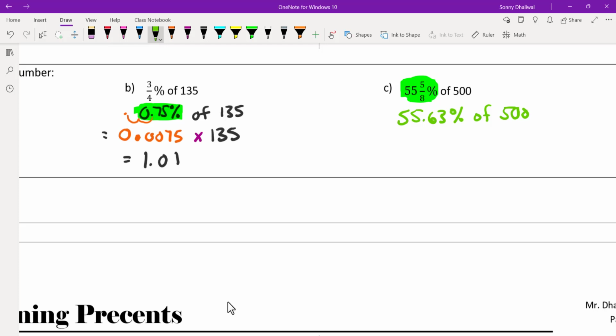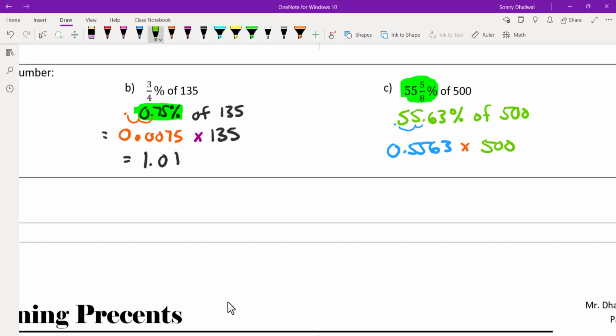What number is it as a decimal? 0.5563. Yeah, we divide by 100, or we move the decimal place 2 places to the left. So 0.5563. The "of" gets changed to a multiplication sign, and the 500 stays.